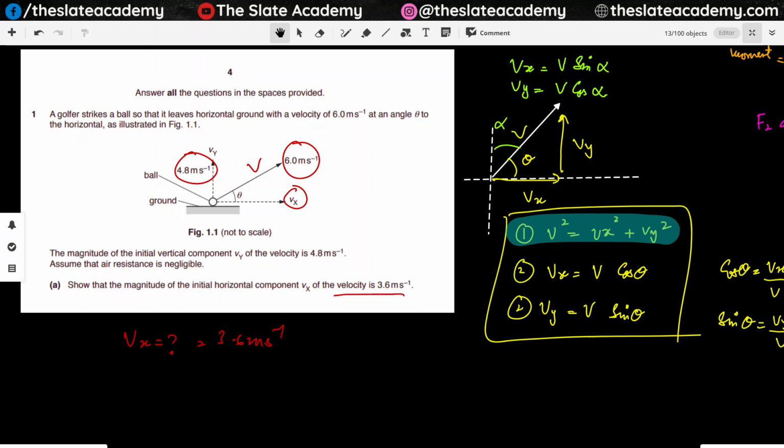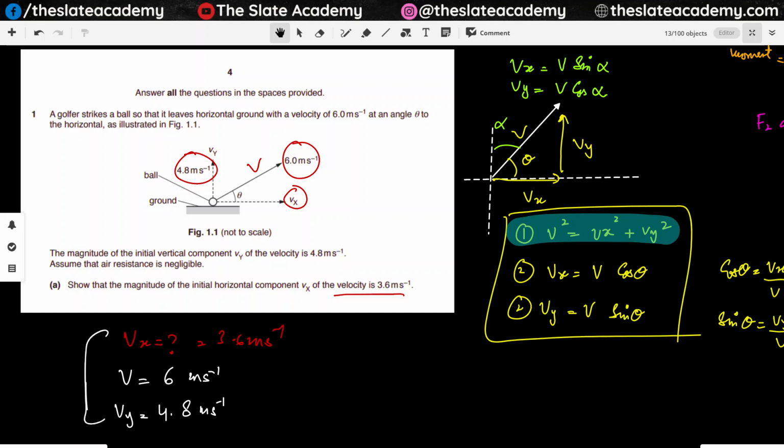In order to find Vx, I'll have to see what information is already given. I'm given the value of V, which is 6 meters per second, and the value of Vy, which is 4.8 meters per second, right? Now I'm looking for a formula which contains all these three values and just these three values.